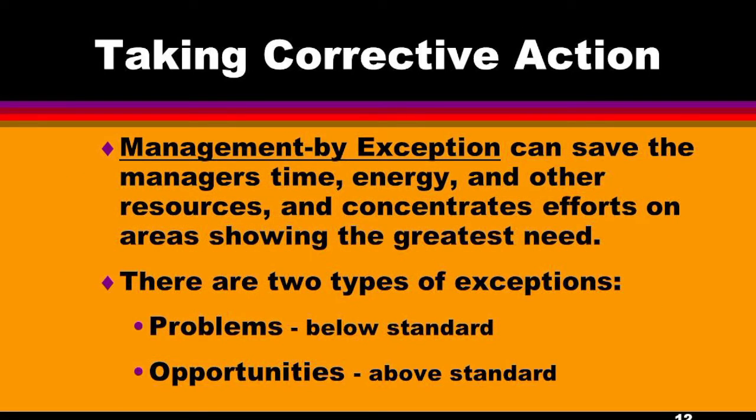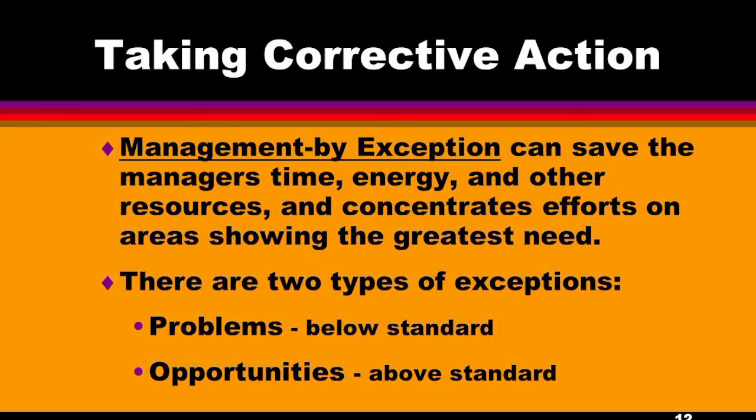Management by exception can save the manager's time, energy, and other resources and concentrate efforts on areas showing the greatest need. If there is a problem in machinery, a senior level person will spend the time to correct the machinery.